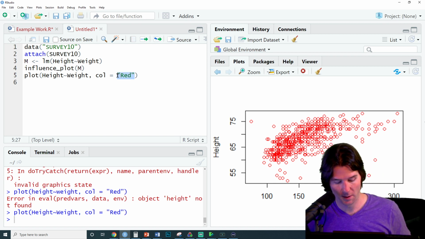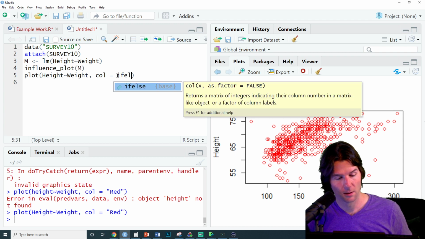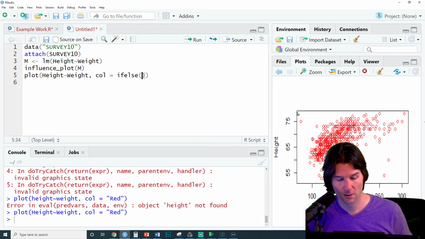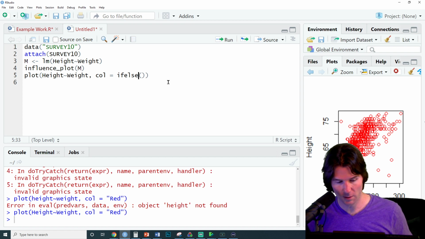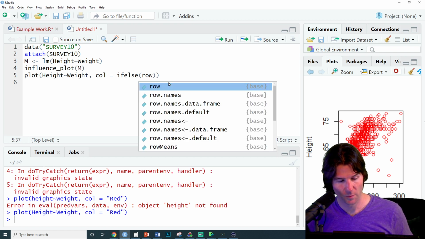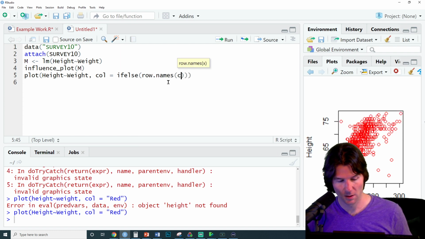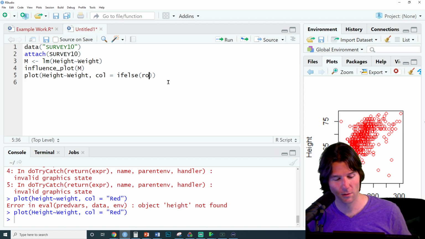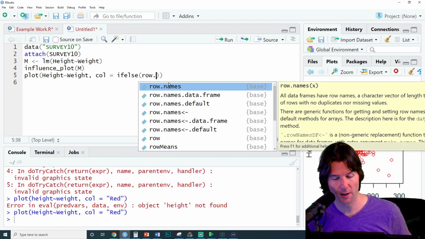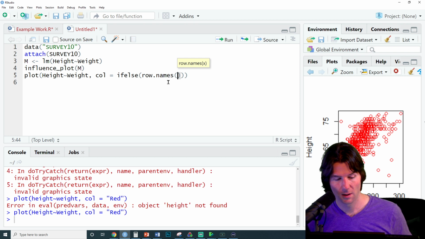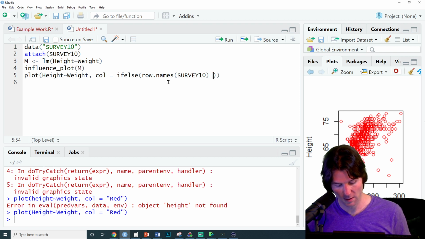I got about one more minute. If else, if row dot names... Oh, what is the argument? Row dot names for survey 10 is contained in.